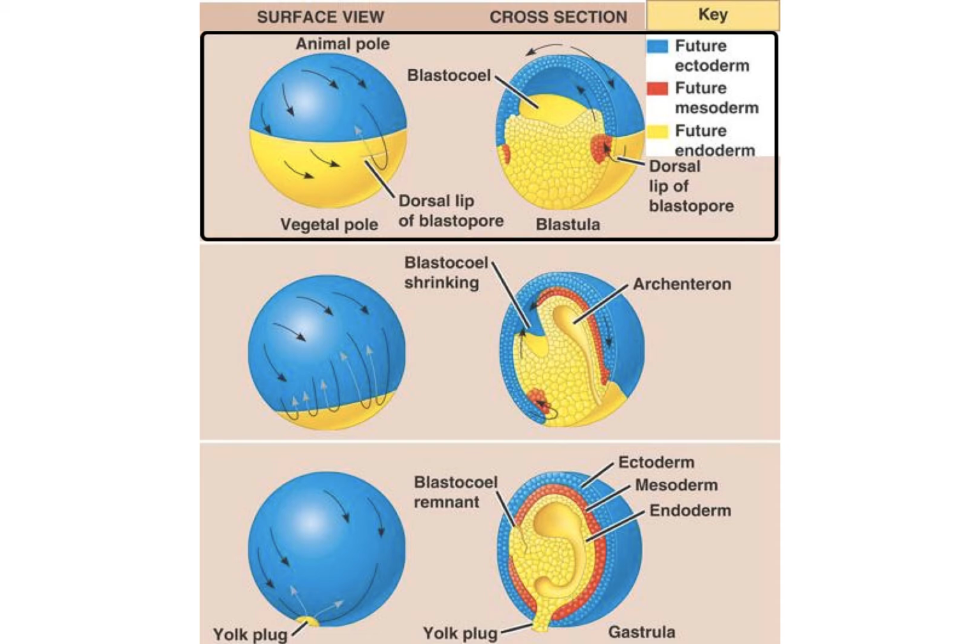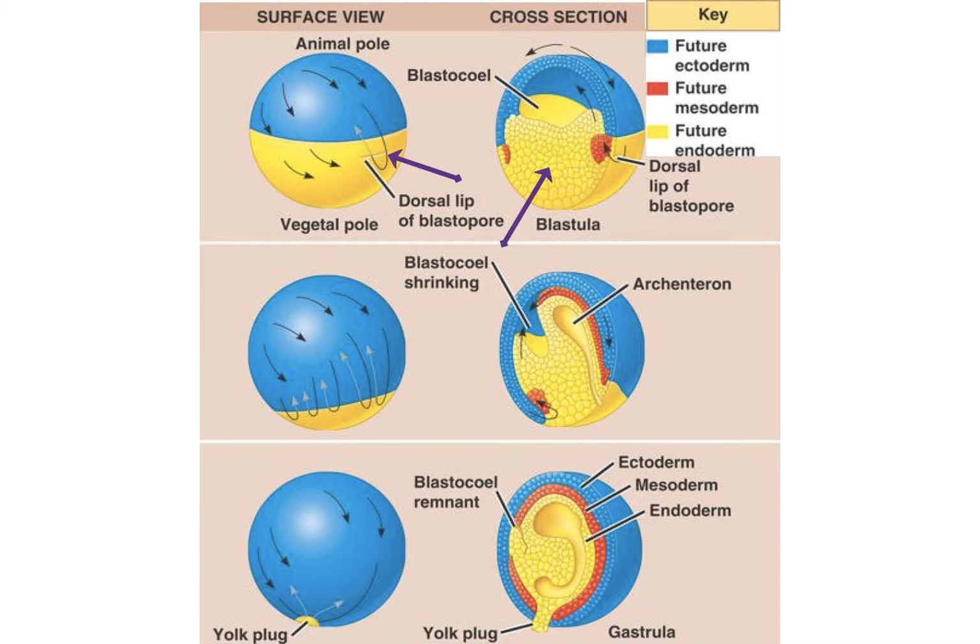Early in development, there's a proliferation of these cells down here that will become the endoderm, and those will become internal organs. And there are these cells up here colored in blue on the surface, and they form very regular layers, and those are future ectoderm, which will become primarily things like epidermis and the lining of the gut, mainly things on the surface.